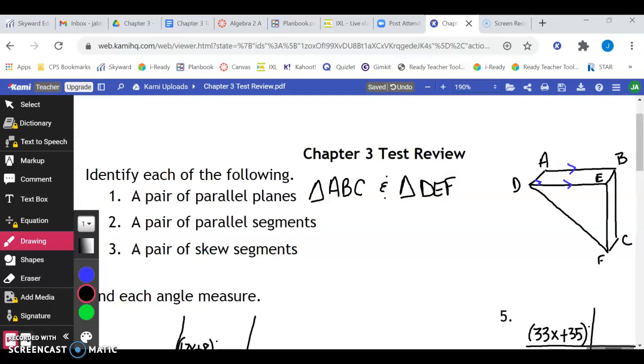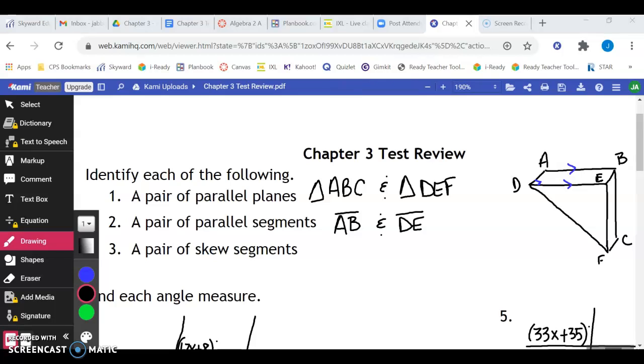And then we need a pair of parallel segments. Well, remember those little arrows indicate parallel lines. So we can say segment AB and segment DE. And then a pair of skew segments.